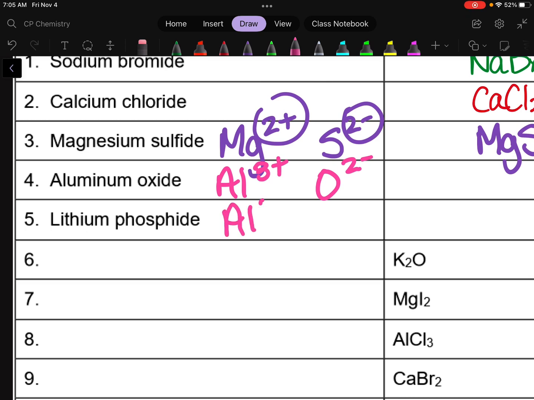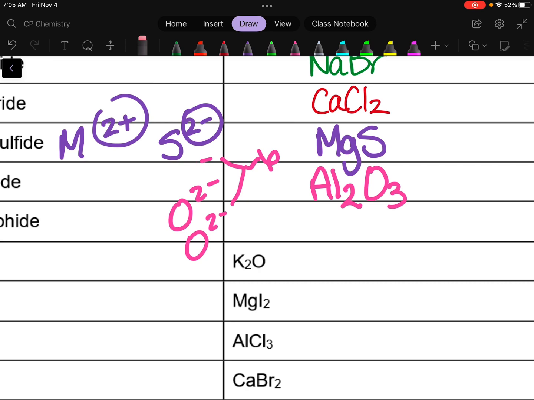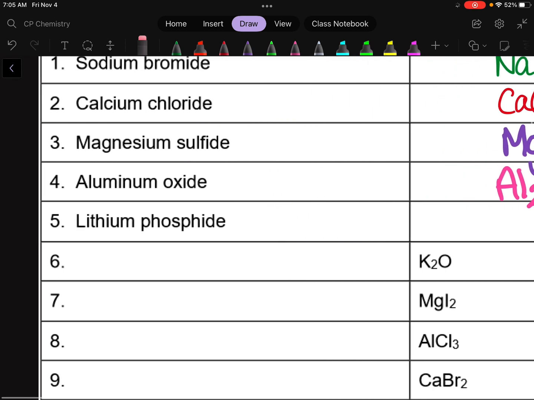So we would have to have 2 aluminums to make a +6, and we would have to have 3 oxides to make a -6. So we would reflect that in our formula with Al2O3. So we need 2 aluminums and 3 oxygens, okay? Again, don't ever put the charge in the formula. It's just the number of atoms.